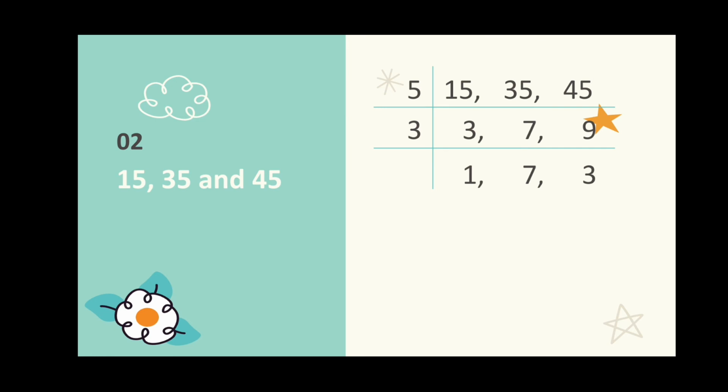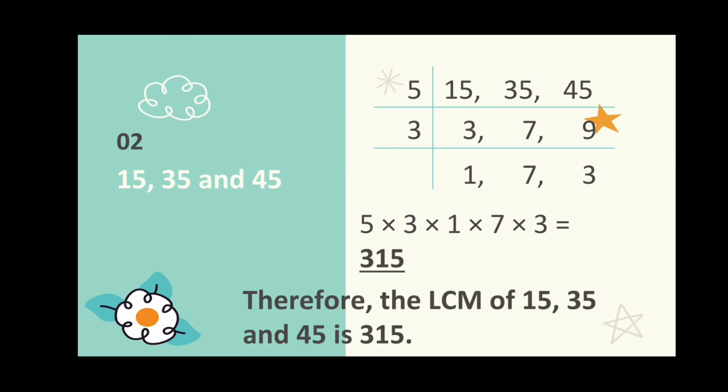So, this time, they are all co-prime numbers dahil ang kanilang common factor na lang ay 1. Walang dalawang number na may iba pang common factor except 1. Now, let's multiply all the divisors and then the co-prime numbers. 5 times 3 times 1 times 7 times 3 equals 315. Therefore, the LCM of 15, 35, and 45 is 315.